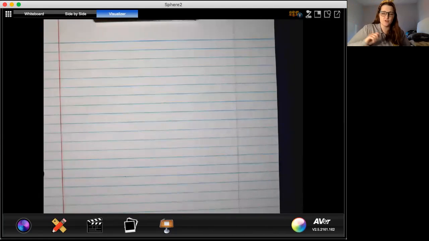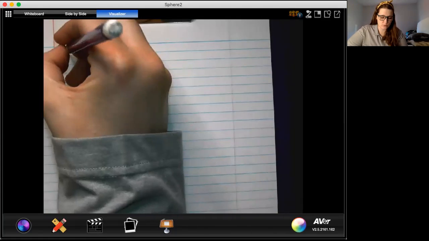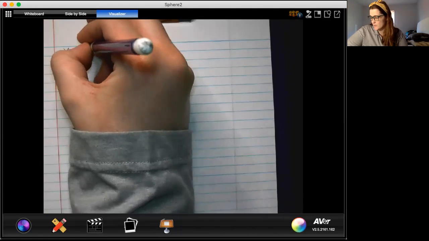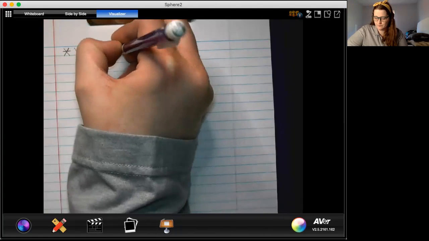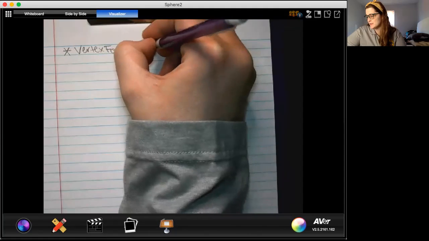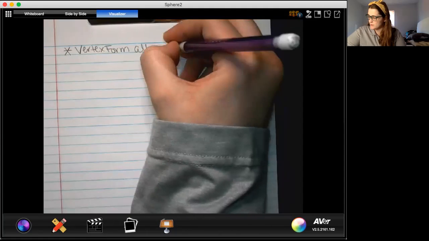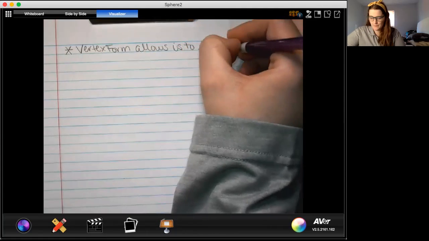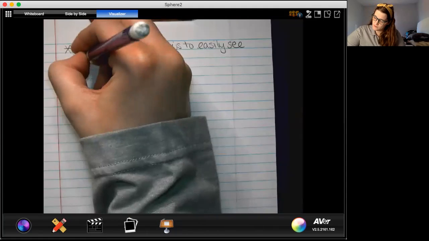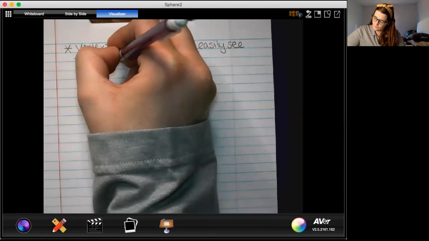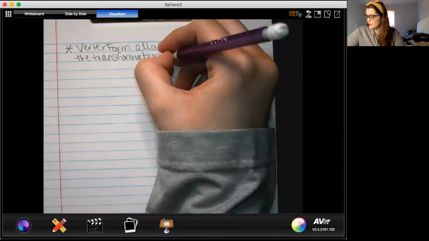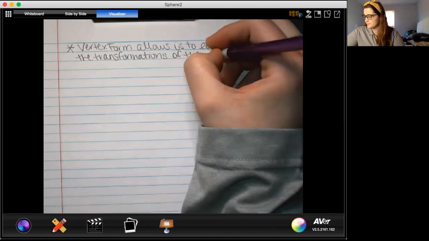Okay, so I just said it out loud a bit ago, but I'm going to write it down for those that need that visual versus the audio. Again, vertex form allows us to easily see the transformation of the parabola.